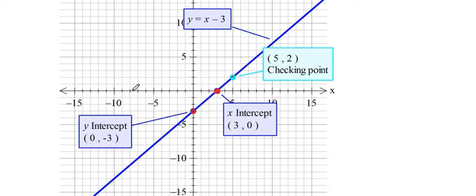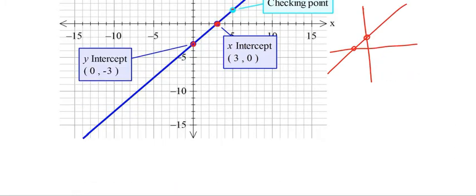At the x-intercept, y is 0, right? So y equals 0, x equals 3. So in general, what is an intercept? The x-intercept or y-intercept is where the line crosses the axis. So this is the y-intercept, this is the x-intercept.